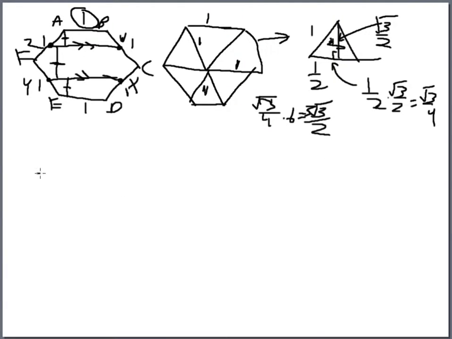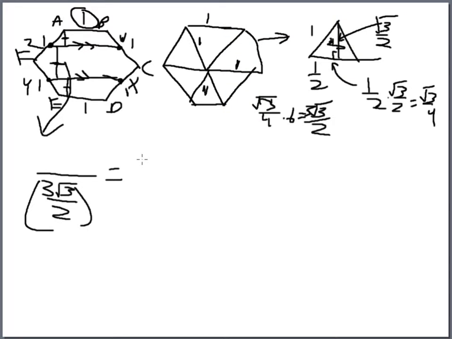So we're going to find the area of the inner hexagon. We've already solved the whole hexagon, and that's not the difficult part. The difficult part is finding the area of the inner hexagon, and it's honestly not so difficult.